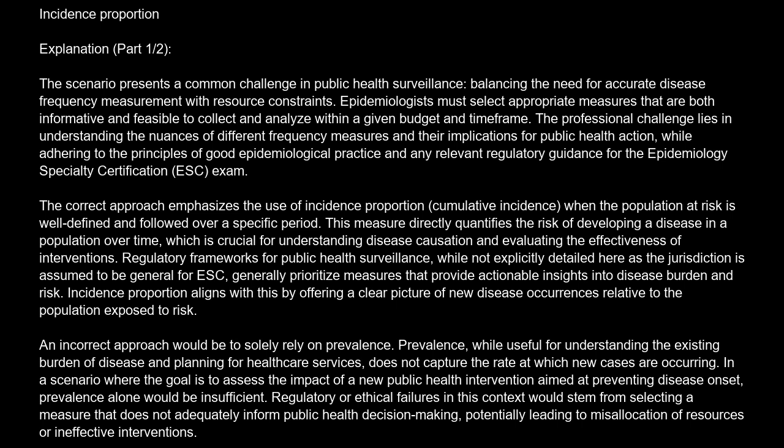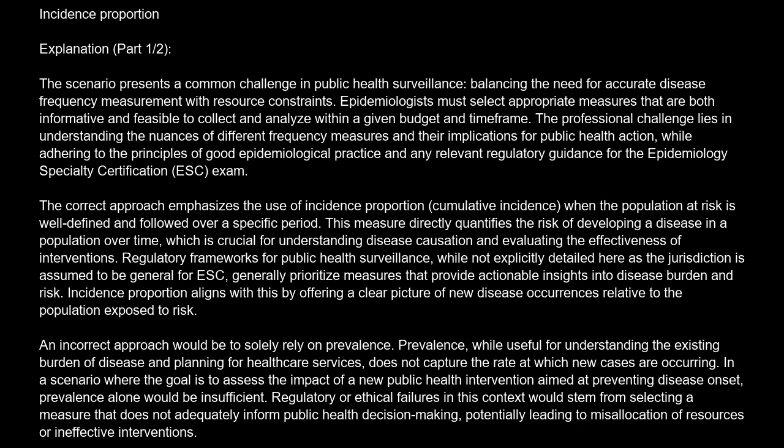The professional challenge lies in understanding the nuances of different frequency measures and their implications for public health action, while adhering to the principles of good epidemiological practice and any relevant regulatory guidance for the Epidemiology Specialty Certification ESC exam. The correct approach emphasizes the use of incidence proportion, cumulative incidence, when the population at risk is well defined and followed over a specific period.